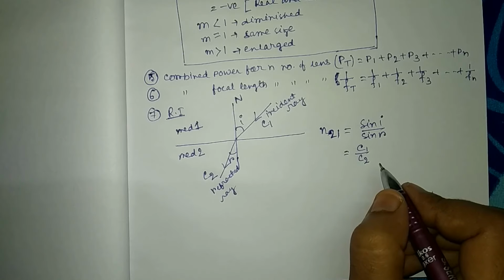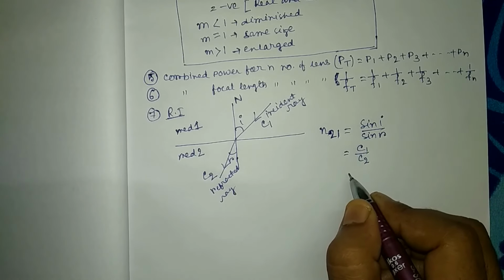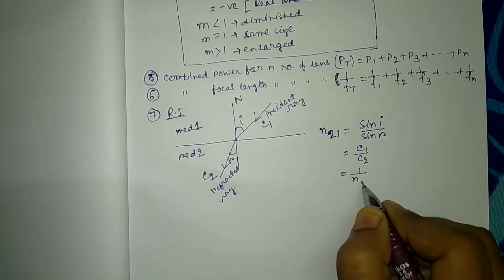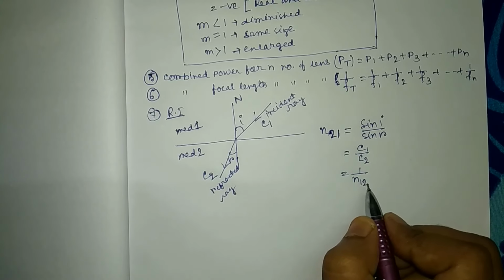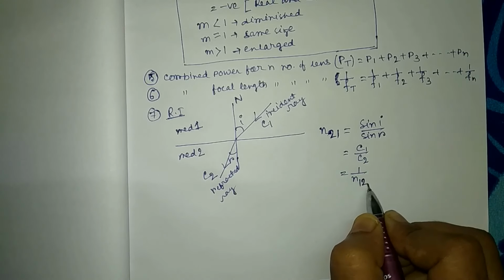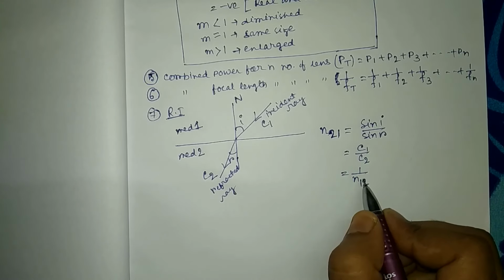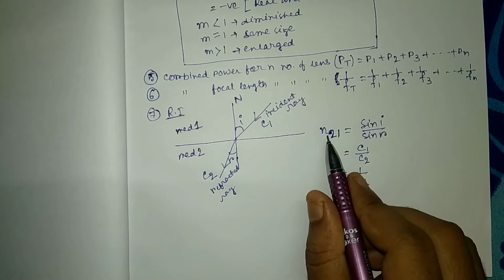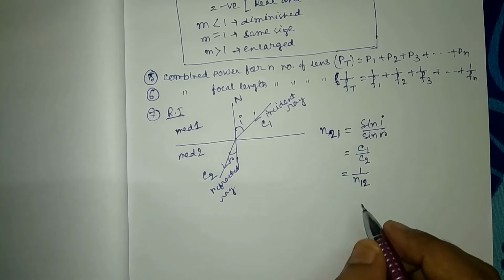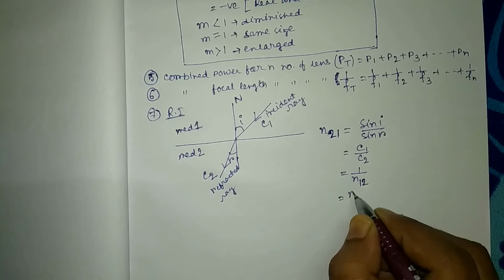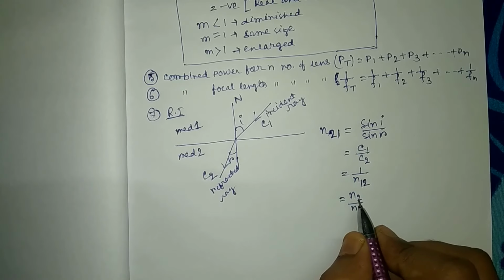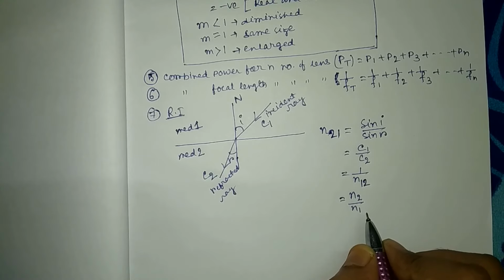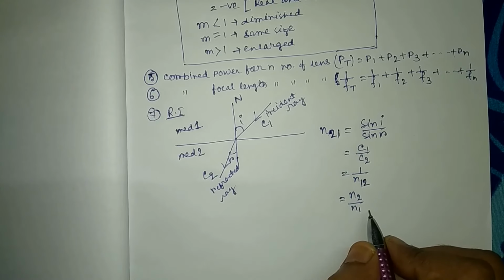Another formula will be equals to 1 by N12. So if we know the value of refractive index of medium 1 with respect to medium 2, then by reciprocal of the value, we can get the value of N21. Okay? And another formula is N2 by N1, where N2 is the absolute refractive index of the second medium and N1 is the absolute refractive index of the first medium.